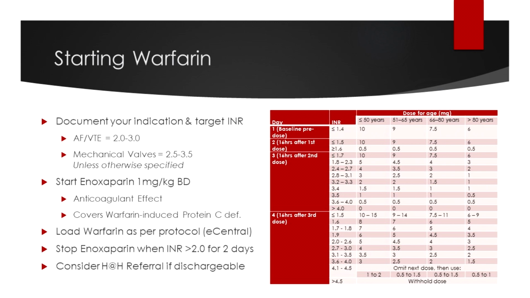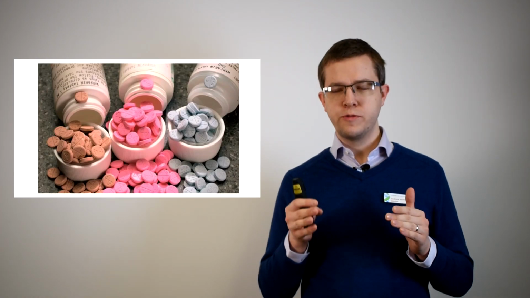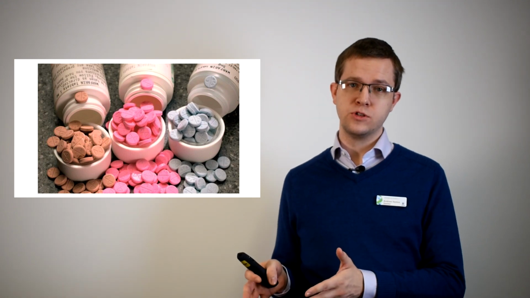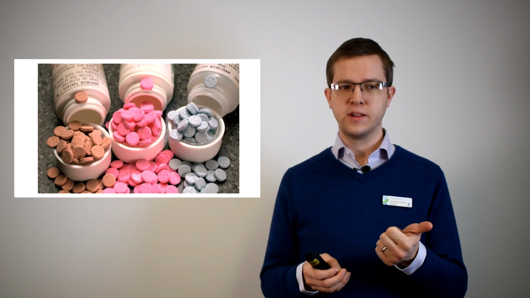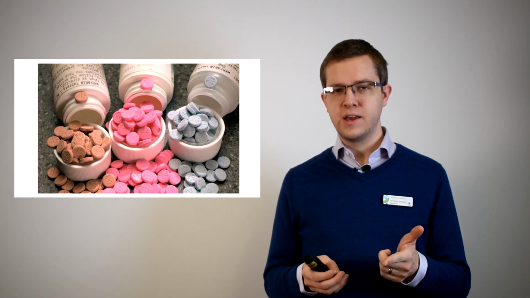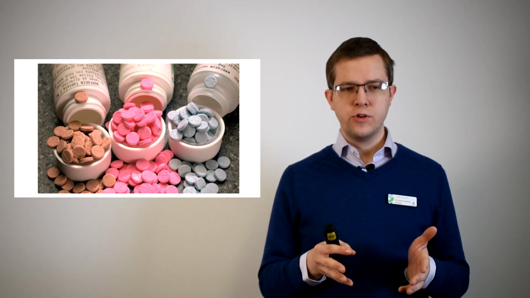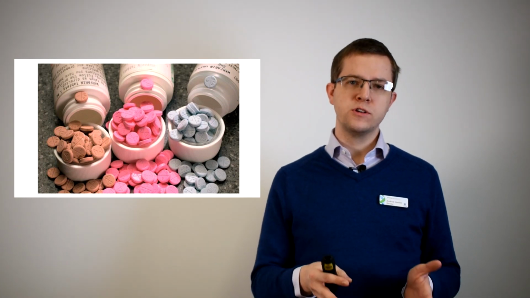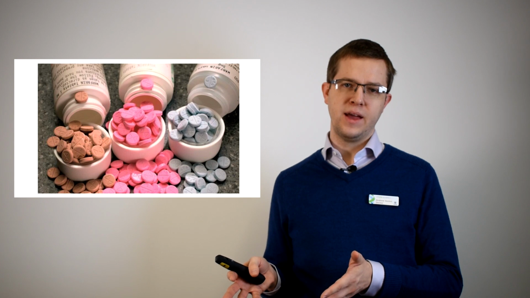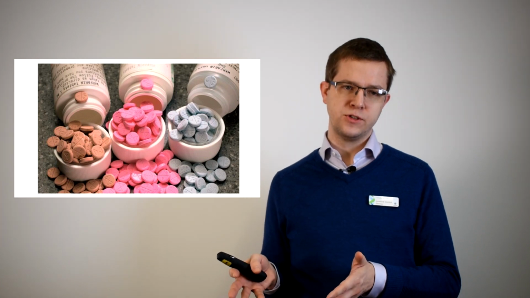At the same time, it's so important to start enoxaparin at 1 milligram per kilo twice a day if their renal function is okay. It's important because we've made a commitment to anticoagulate this person to prevent complications. And so we give the enoxaparin firstly because we're anticoagulating straight away. And secondly, we give it because when you load warfarin at high doses, it depletes protein C before it depletes other procoagulant factors.